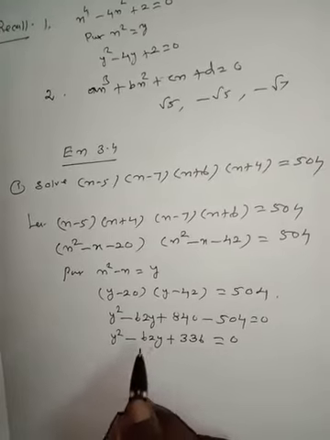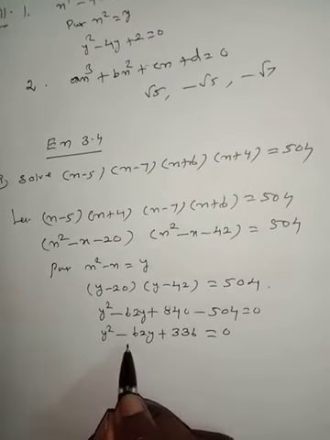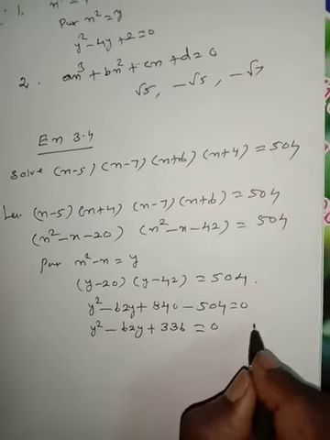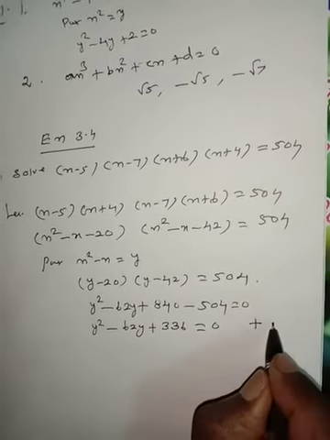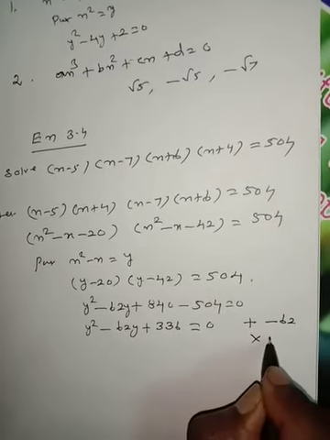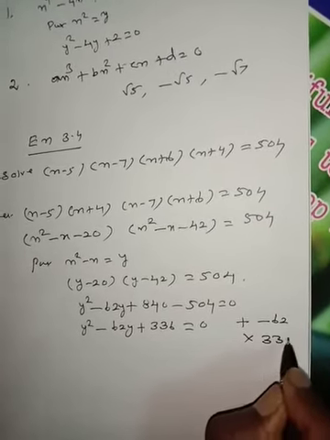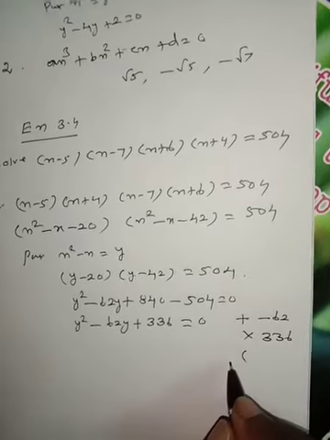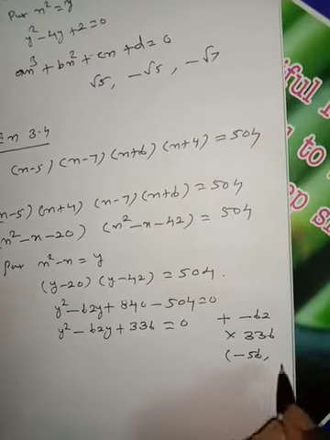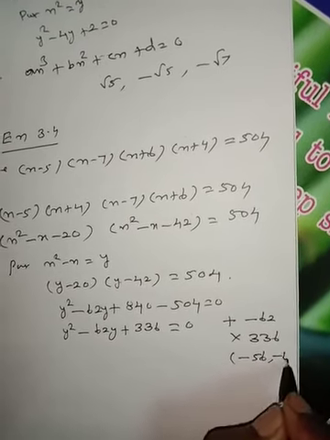Take two numbers whose sum is minus 62 and product is 336. The numbers are minus 56 and minus 6.